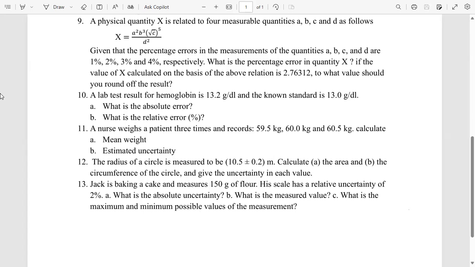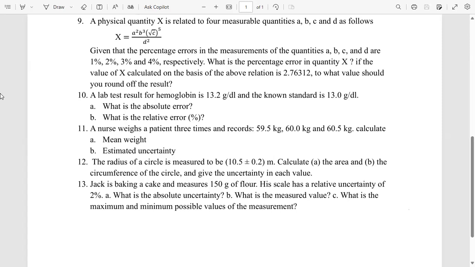We read the question again. Given that the percentage errors in the measurements of the quantities A, B, C, and D are 1, 2, 3, and 4% respectively, what is the percentage error in quantity X? If the value of X calculated on the basis of the above relation is 2.76312, to what value should you round off the result?